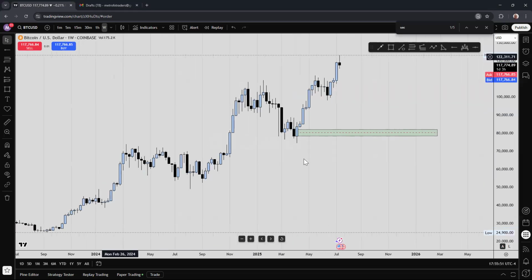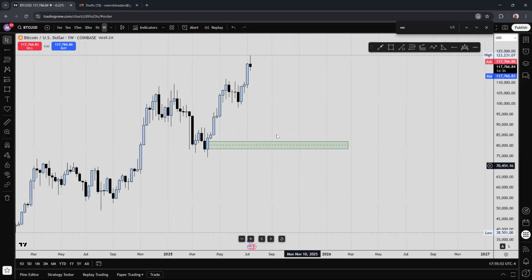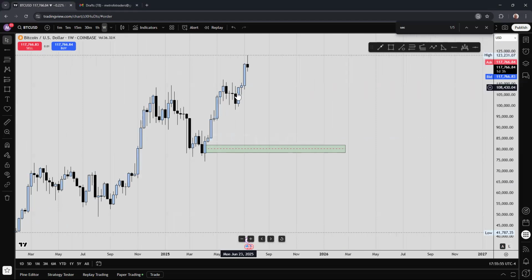So if we look at the weekly, this was an order block. Here's a nice bullish engulfing candle, right here. So this is considered another order block.